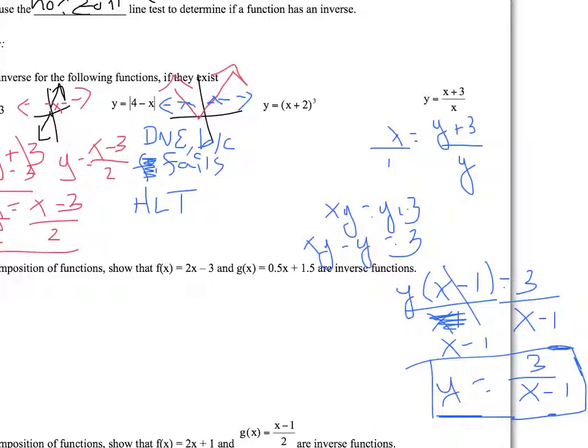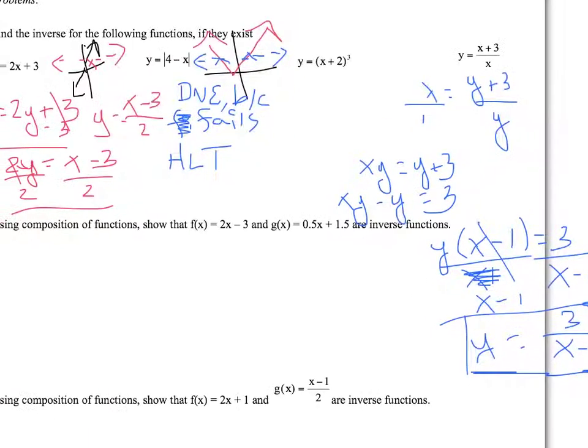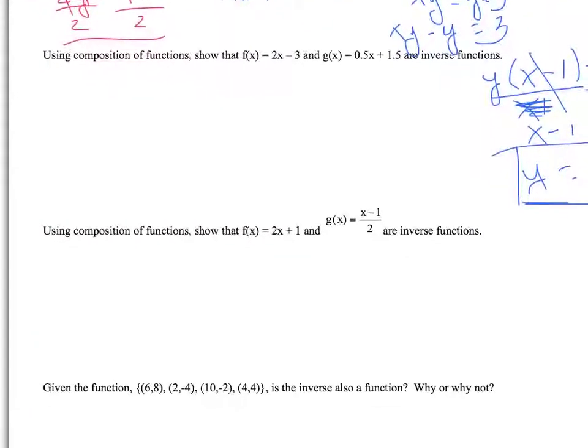What this next part does is prove that the two functions are inverses of each other by using composition of functions. So it says use composition of functions to show that f of x and g of x are inverses of each other.